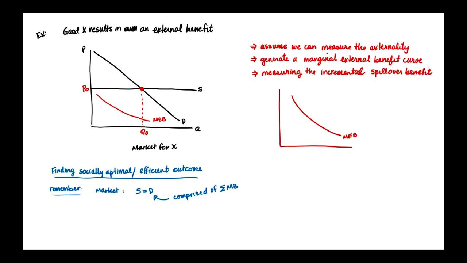They're private marginal benefits, right? So that demand curve in our market captures the sum of the private marginal benefits and unfortunately ignores what? Yeah, it ignores the spillover benefits.